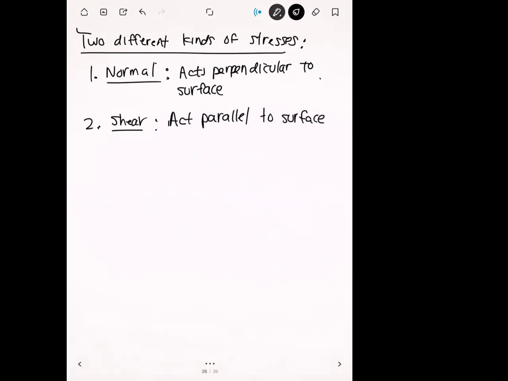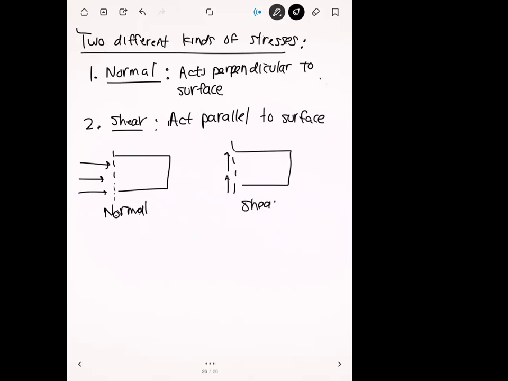All right, and so if you want to draw an image here, a normal stress will act like this. And so here we have a compressive normal stress. Whereas if we draw a shear stress, it would look like this, it would act parallel. And so you can have both kinds of stresses that are active inside your structure at the same time.